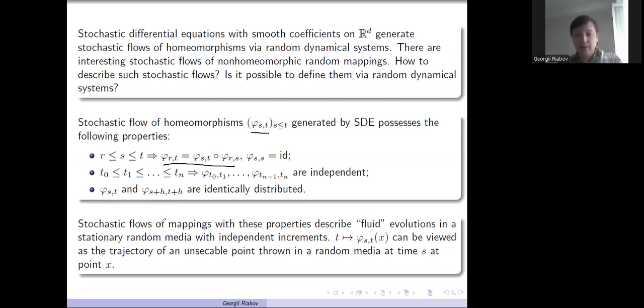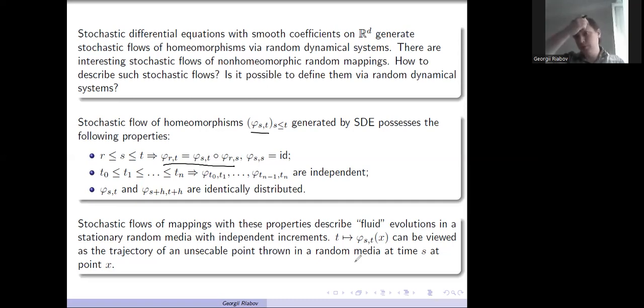In this sense, we can understand stochastic flows of mappings as a description of a fluid evolution in a stationary random media with independent increments. If we fix s and x, then the function phi_st(x) as a function of t can be viewed as a trajectory of a point that was thrown into the flow at time s at point x.